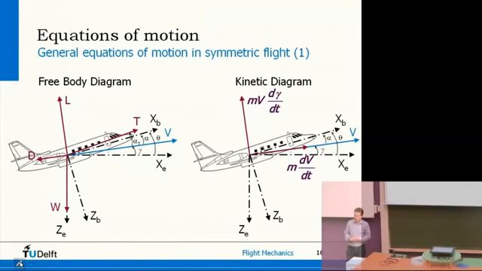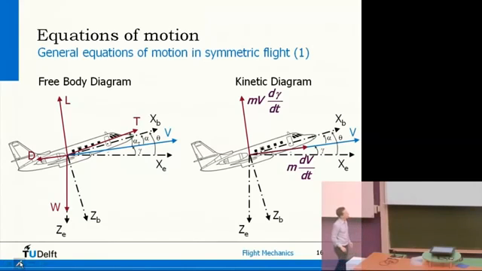The aircraft might be accelerating, hence you have airspeed varying with time, so the component parallel to the airspeed. And there may be a vertical acceleration, which you probably know as mv squared over r.